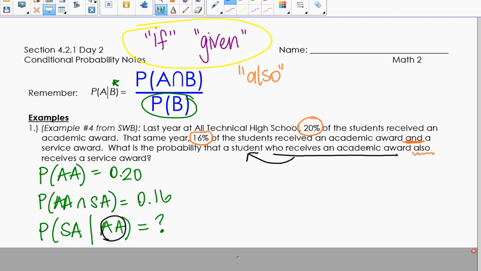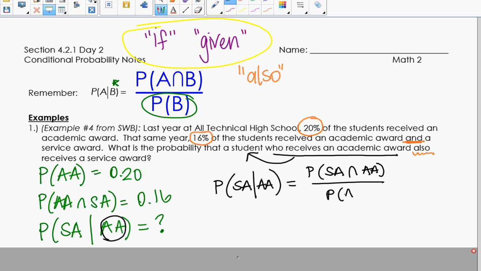This whole part is just describing the type of student we're looking for. So you're going to set this up as the probability of a service award, given an academic award, is the probability of a service award and an academic award divided by the probability of an academic award.